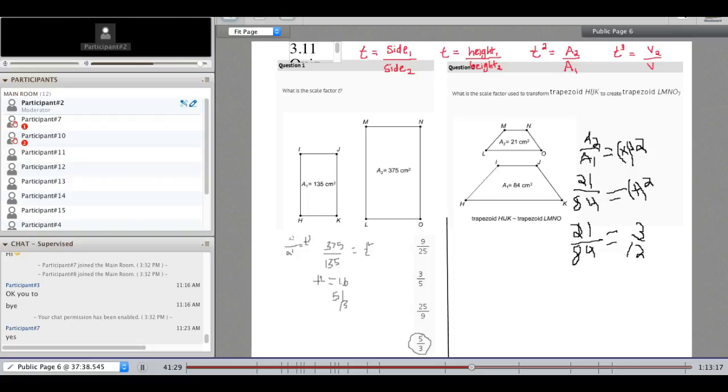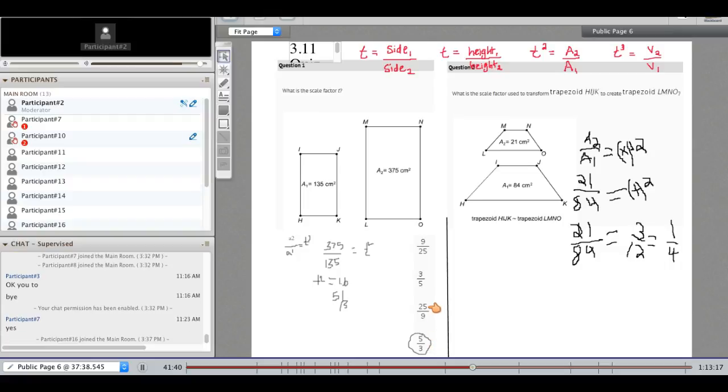So if you look at the answers, a lot of times when we talked about this during last Class Connect, you can see that all the answers have the larger number on top, for example, like 25 over 9. If all the answers had the larger amount in the numerator, then you would automatically know, okay, since area 2 is larger, I need to put that in the numerator, and area 1 is smaller, so I would put that in the denominator.